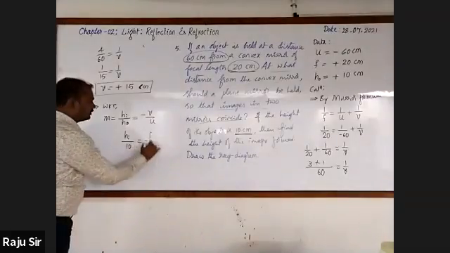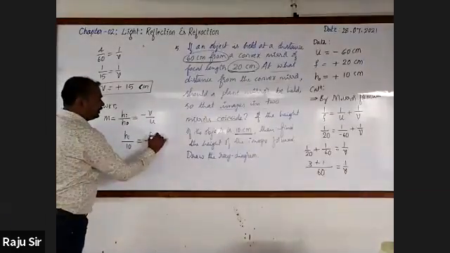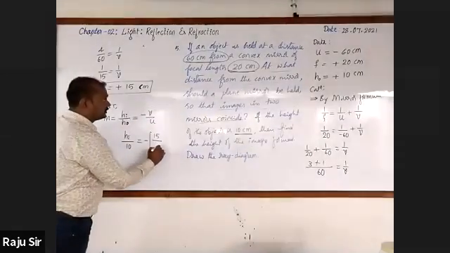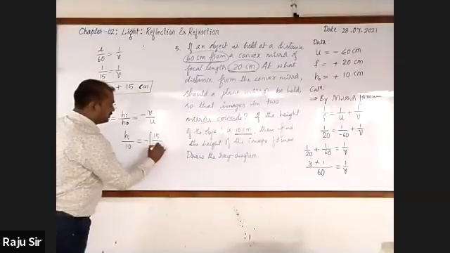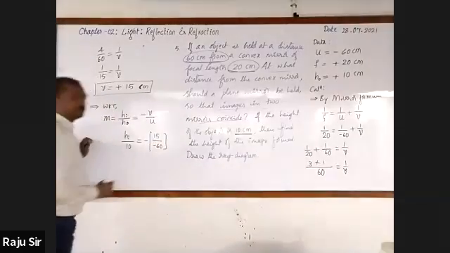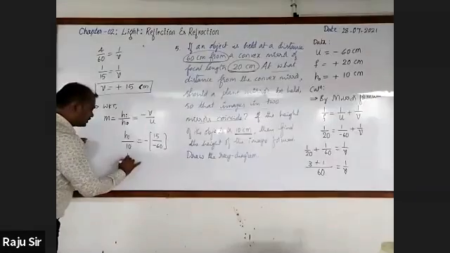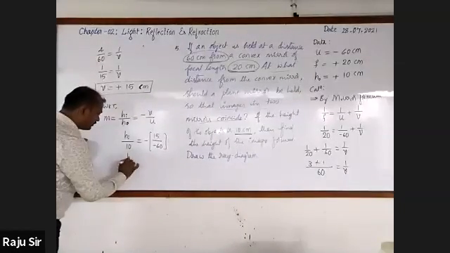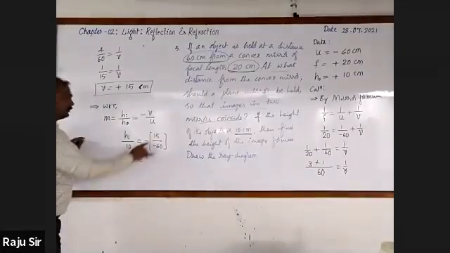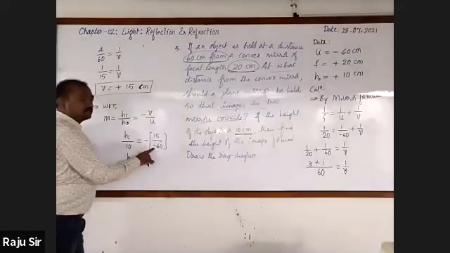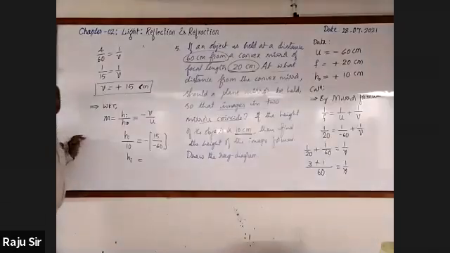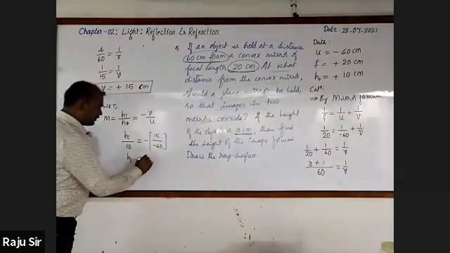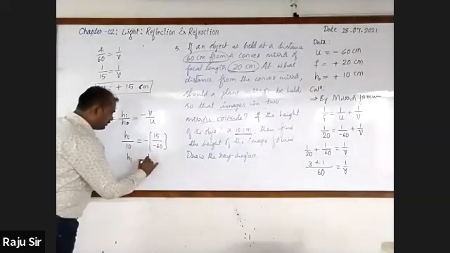Then minus v, where v is 15, and u is minus 60. hi is equal to, here the minus can cancel, 15 by 60, which is 1 by 4.